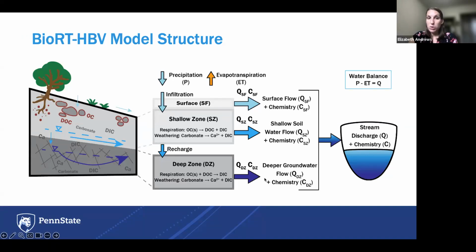Altogether, we can do a flux weighted average of all of the different amounts of discharge that leave the different zones and their chemistries to determine what the stream chemistry is. This is just a brief overview of how the BioRT-HBV model is set up.